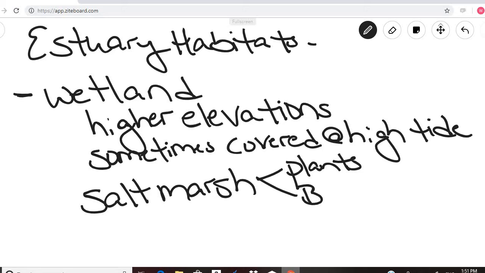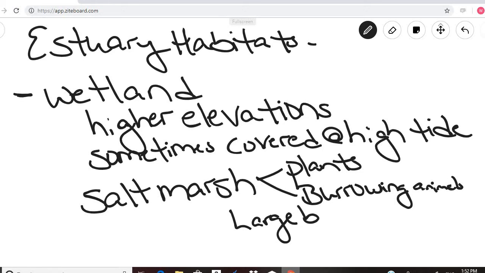Sometimes you'll see burrowing animals living here, things like mussels, snails, clams, shrimp. Sometimes you'll have large birds and fish that are predators in a salt marsh.